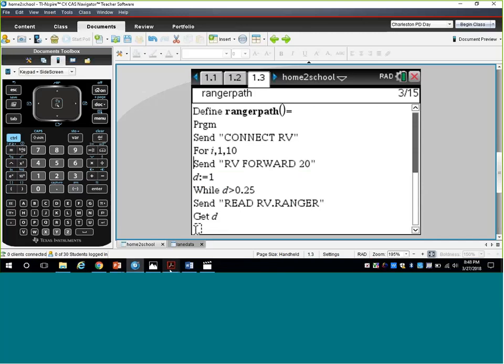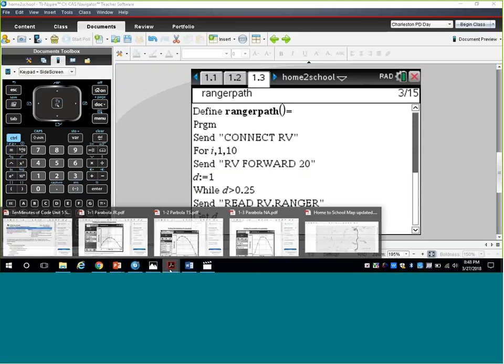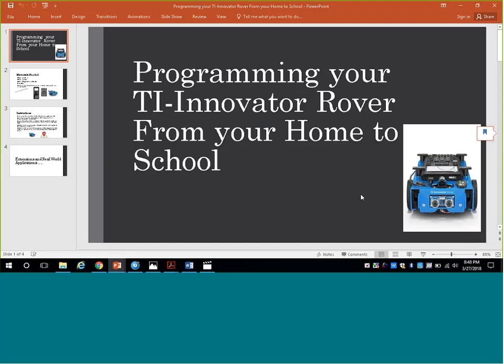If I go back to my picture, for those who are unaware of the rover, this right in front is basically what we were just using with the CBR2 motion sensor. It senses distance. So the kids had to turn on that sensor and program it to say, if we reach an object that's a certain distance away, then we need to either turn right to get away from it, or turn left, and then continue on our path. So that was just a little extension.